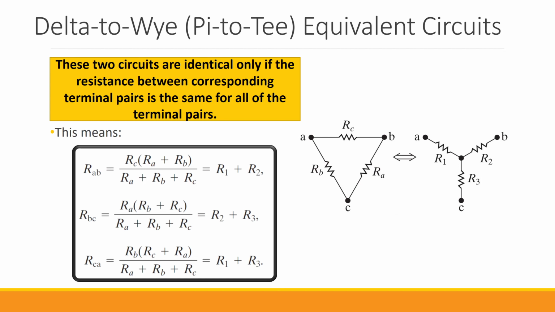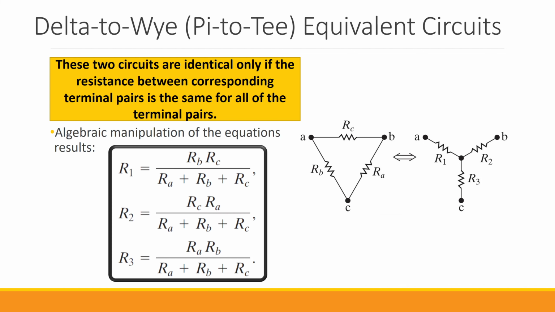So as I was saying, all the calculations that we did got reduced to these three equations, which basically show the resistance between terminal A and B for both of them, which needs to be equal, the resistance between terminal B and C, and the resistance between terminal C and A. If you do the algebraic manipulations of the equations, this is the result that you get.